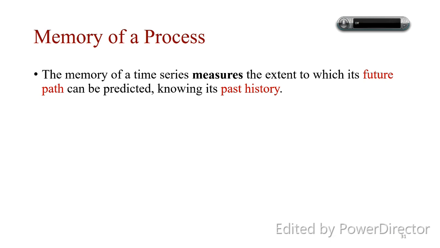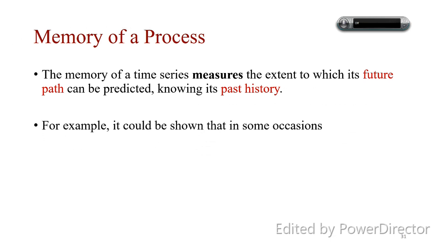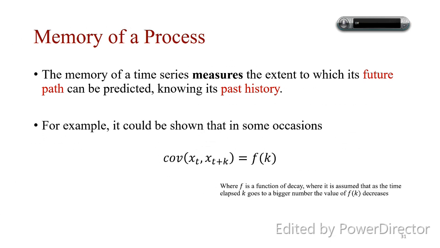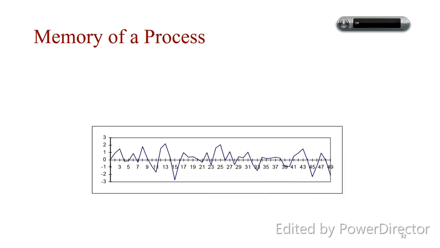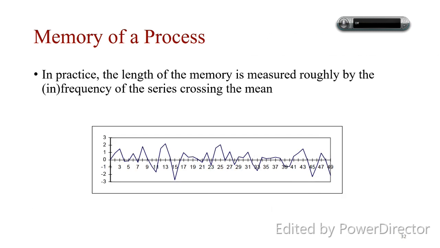First of all, as we have just mentioned, the memory of the time series measures the extent to which the future can be predicted from known history. So we spoke about this, and we want to talk about what this would graphically mean. In practice, the length of the memory is measured roughly by the infrequency of the series crossing the mean. So you can see that, for example, here it is very frequent that the process goes back to the mean.